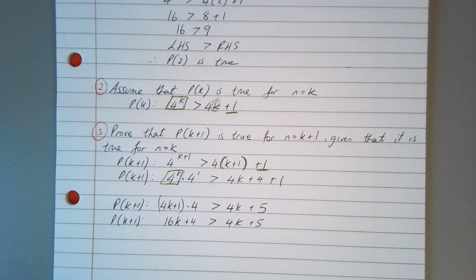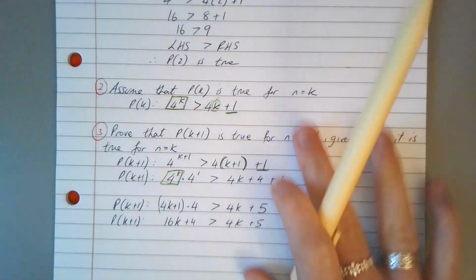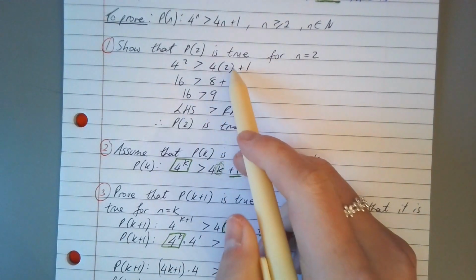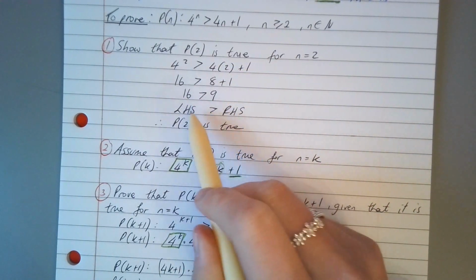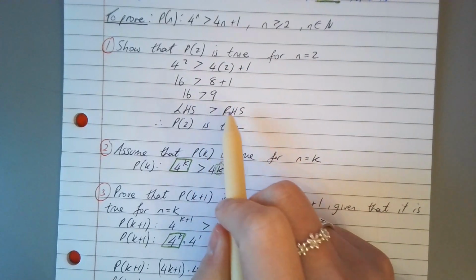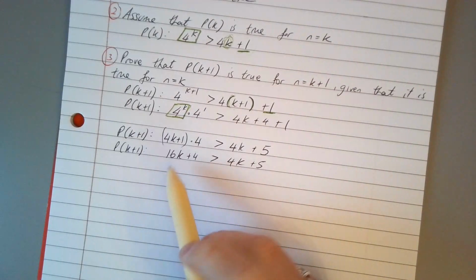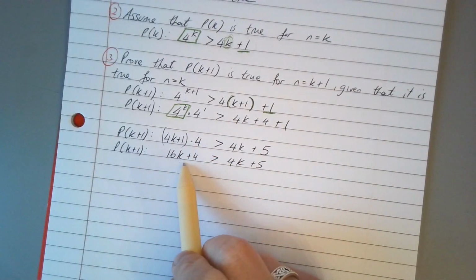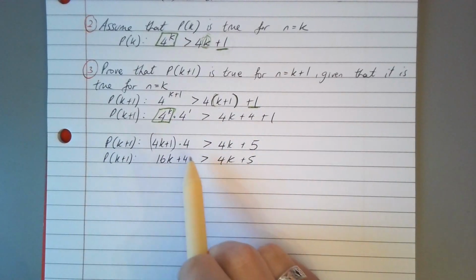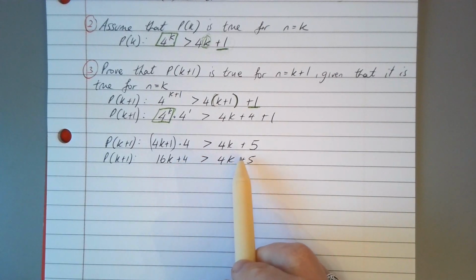So then what we want really is, if we go back to our inequality, here we had 16 is greater than 9, so the left hand side is greater than the right hand side. So what we want is the same down here in our third step. We want this left hand side to be greater than the right hand side.